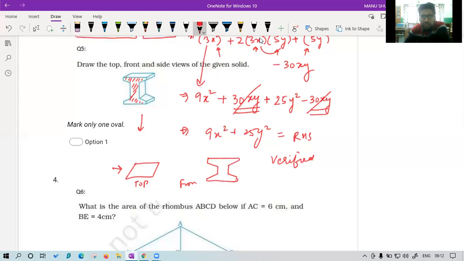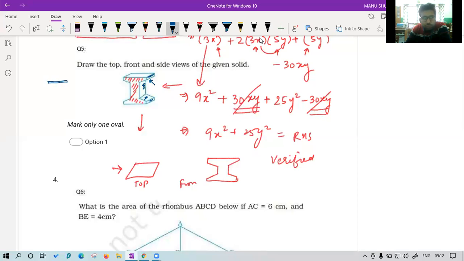And from the side, if you see, let me take blue pen. You will find this face, this face, this face, and this face, and a little bit of this also, which is on the downside. So something like this you will get from the side.